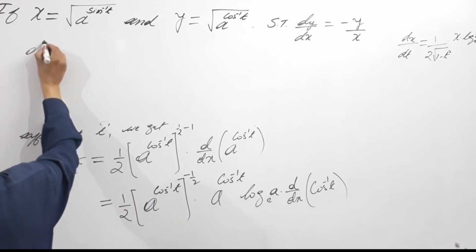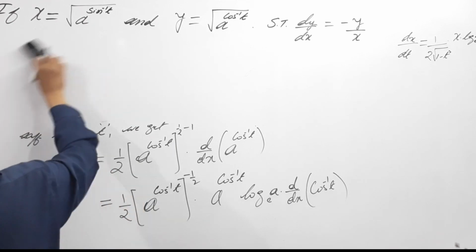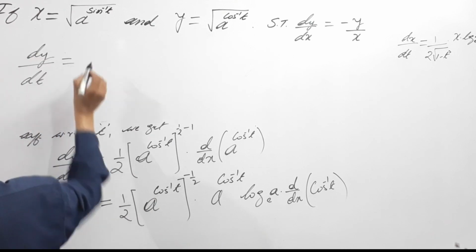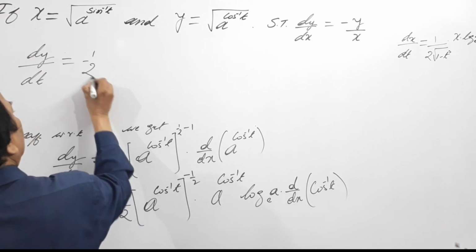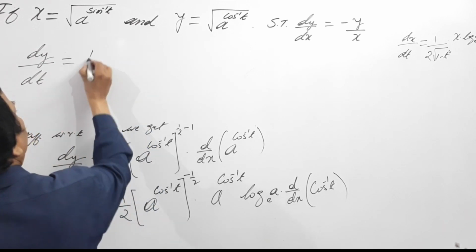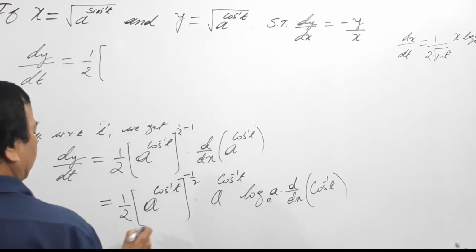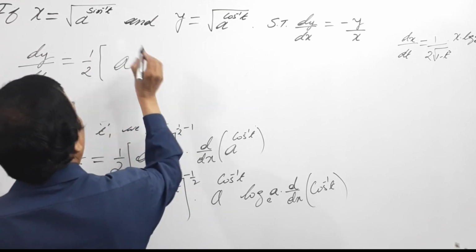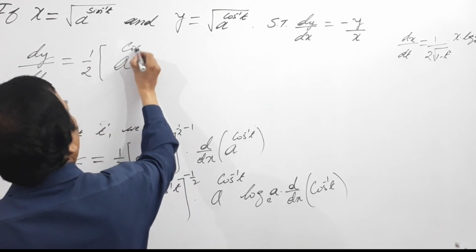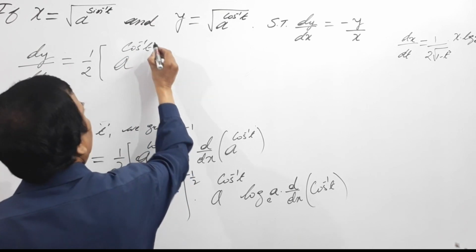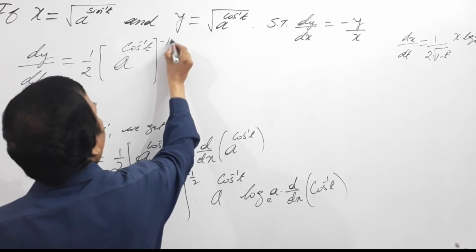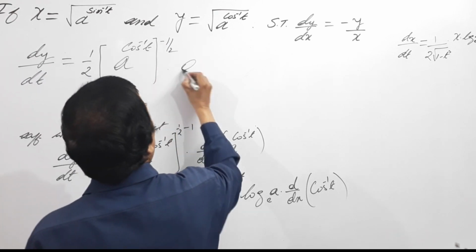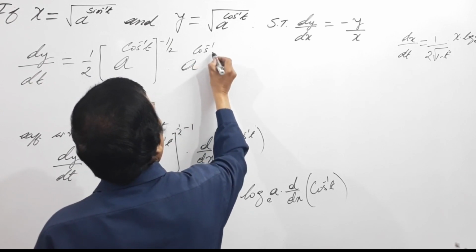Let's simplify. dy by dt equals to half into a to the power of cos inverse t, to the power of minus half, into a to the power of cos inverse t.